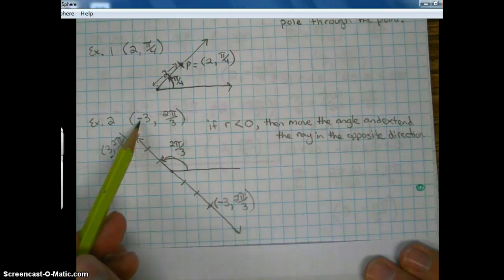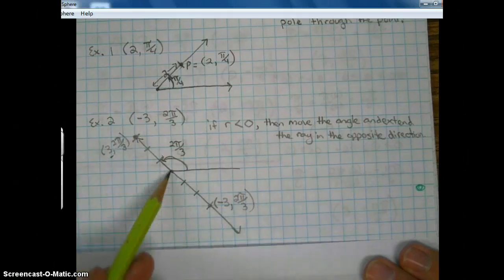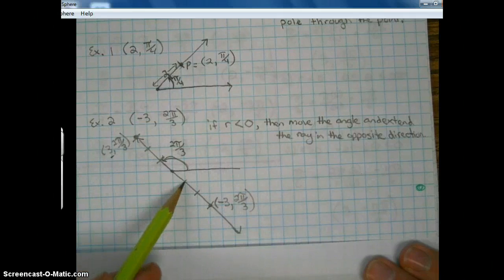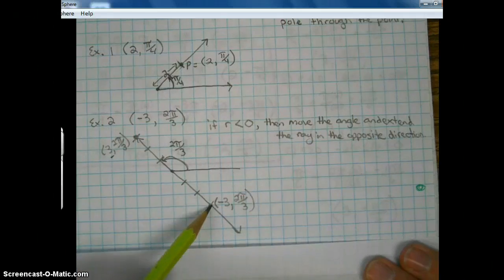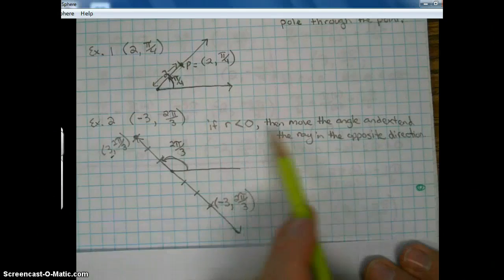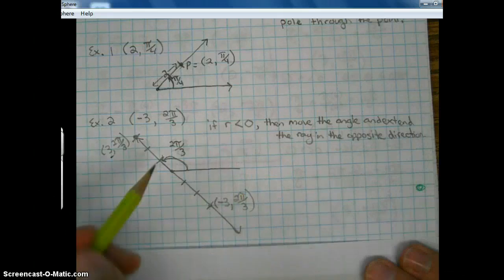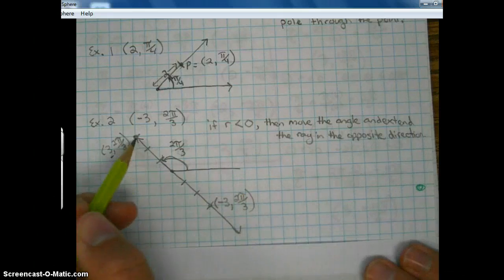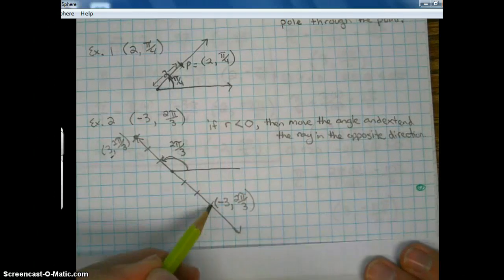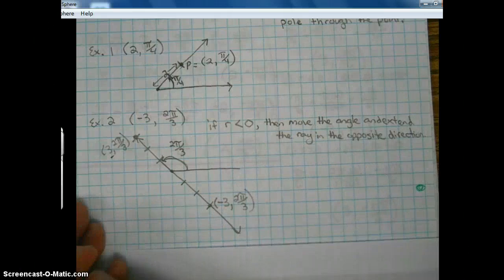But since it's negative, we move the opposite direction. 1, 2, 3. So if r is less than 0, we move the angle and extend the ray in the opposite direction. So instead of positive 3, we move -3, and there's our point.